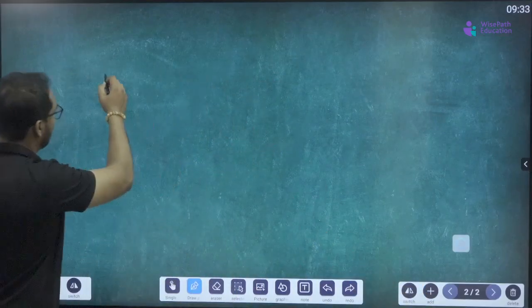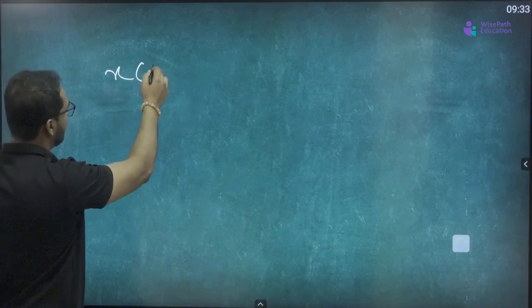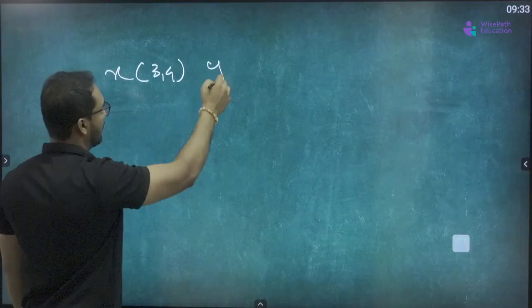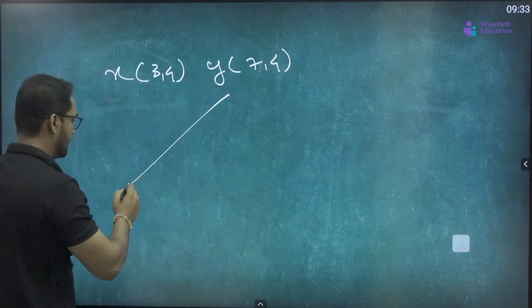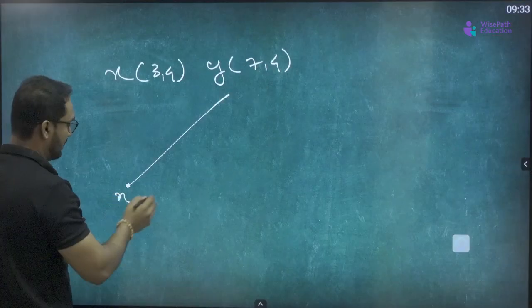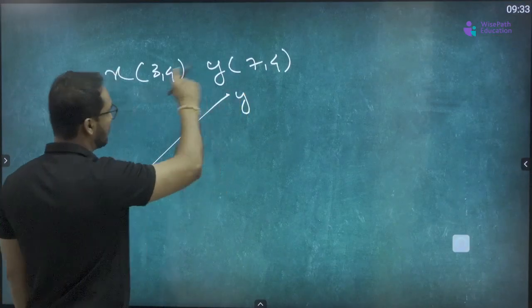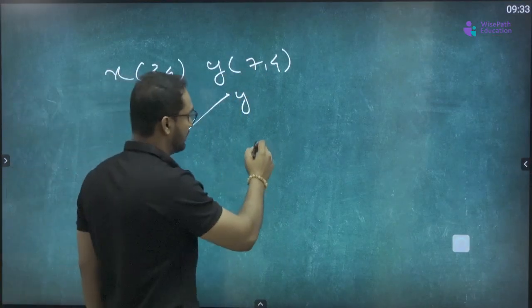So it's 3, 4 and 7, 4. It's something like this. This is one point, this is the other point, and the two coordinates are given. So you have to find the length.